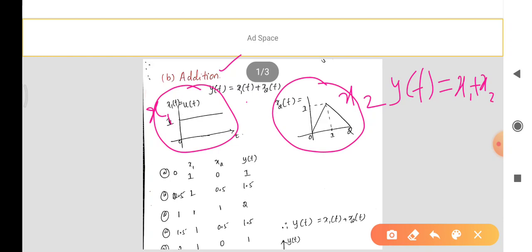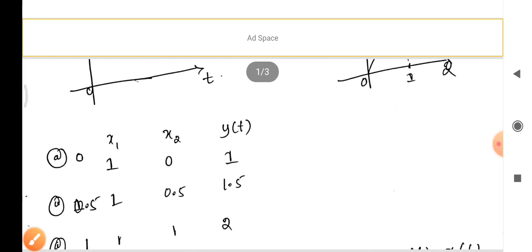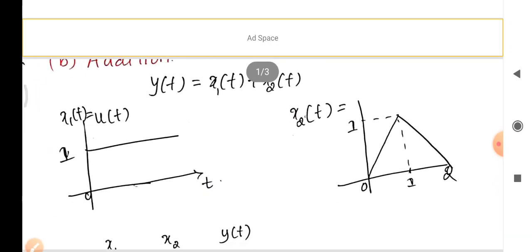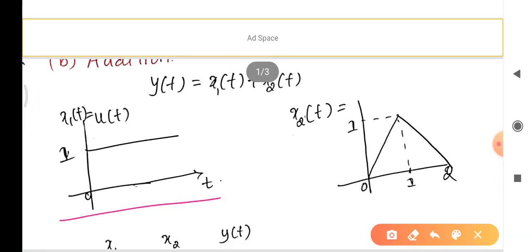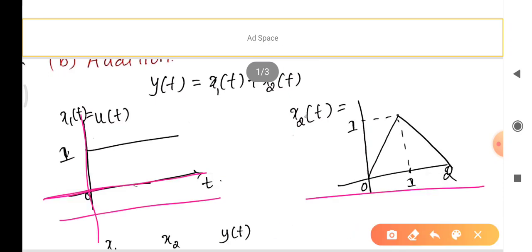Okay, let's calculate this. You can observe these two, this is your x1 and x2. Be careful about this. It is your u of t. This is u of t, which means the signal is a unit step, right? It starts from 0 and the magnitude is 1, up to infinity.